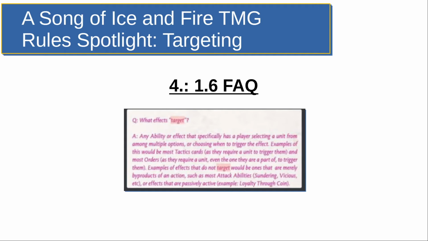You just take the bags and then loyalty is active. You can't choose when it happens. It happens in this fixed moment if you take the bags. And you can't choose the recipient of it. It's always the unit that has the ability, obviously, so no choice to be made, and so this wouldn't be targeting.